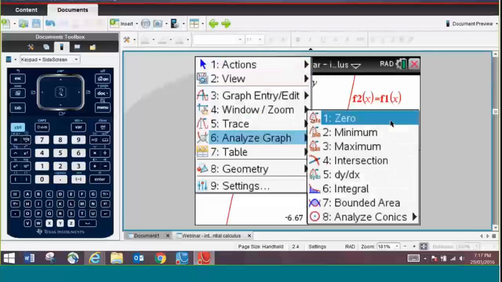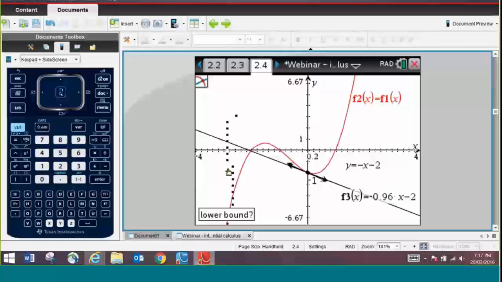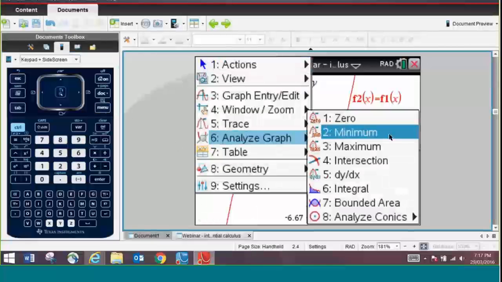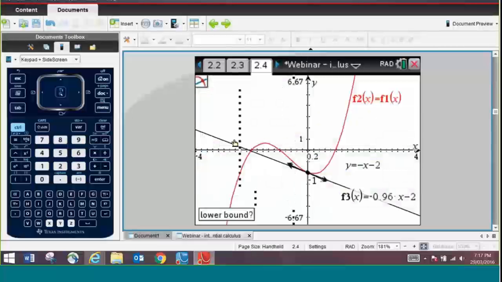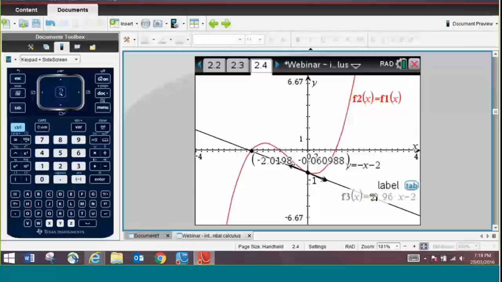We can of course analyse that with the intersection and go between, oops, I just better escape there. And go between, and I've just managed to wiggle my line a little bit, so it hasn't quite gone through, but sorry about that.